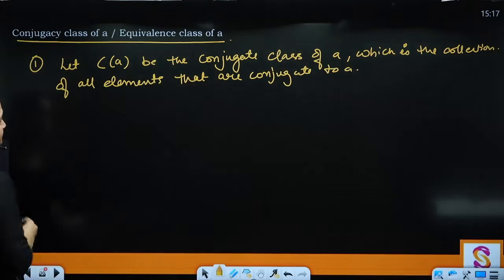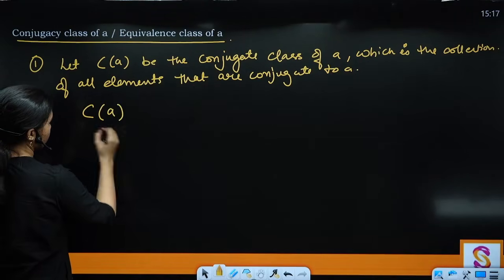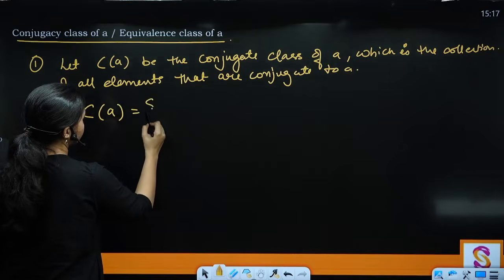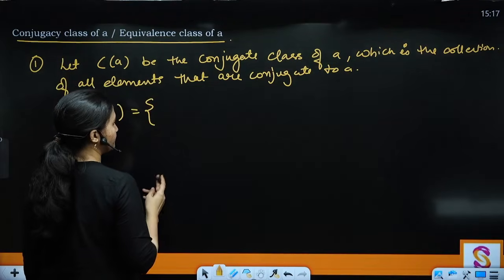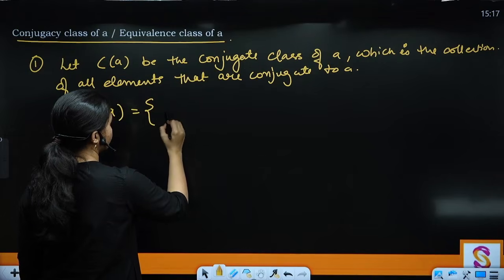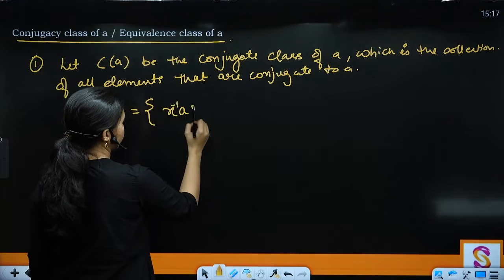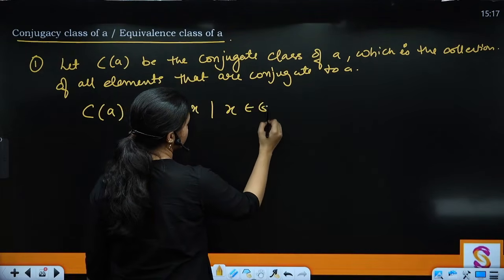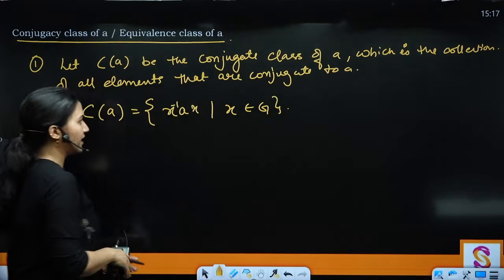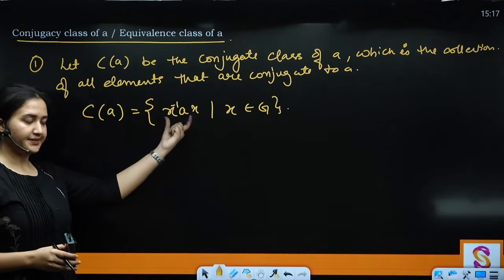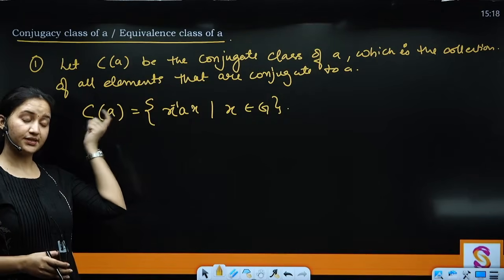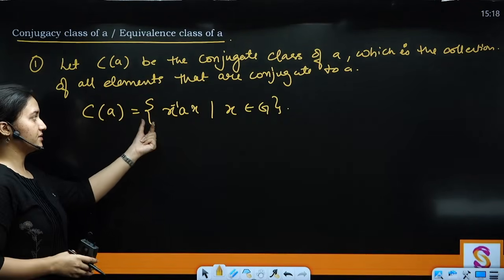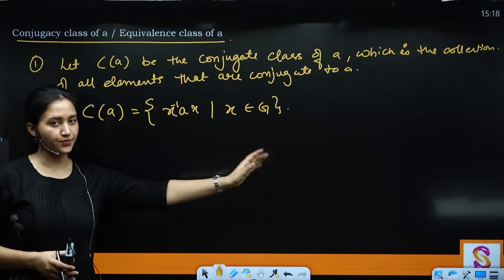So this means C of A consists of elements, let's say, x inverse a x, where x belongs to G. ये क्या है? ये आपका एक एलिमेंट है पूरा, राइट? So C of A, that means your conjugacy class of A, is going to consist of all elements which are conjugate to A.